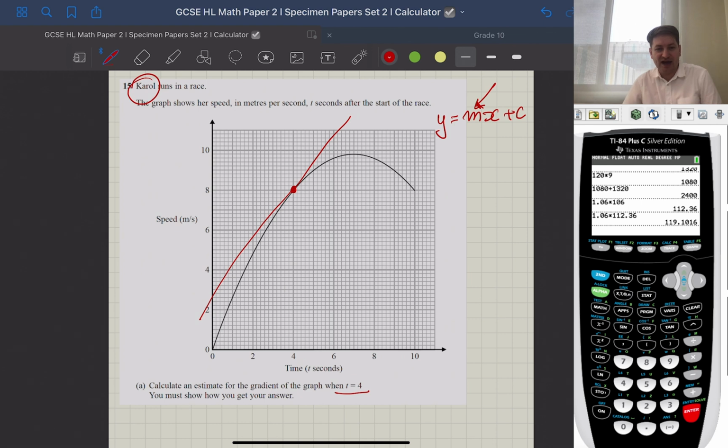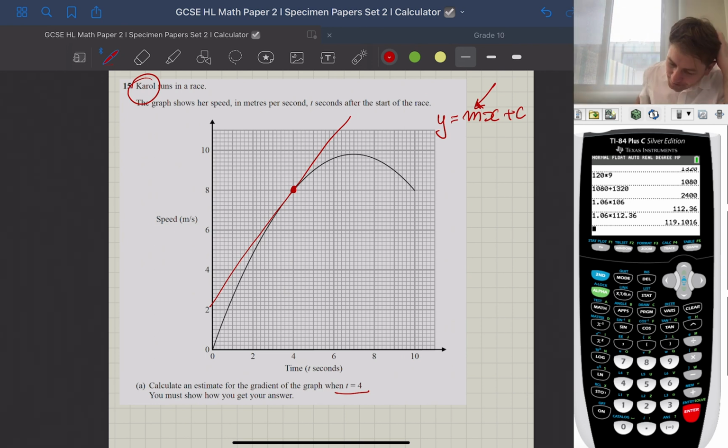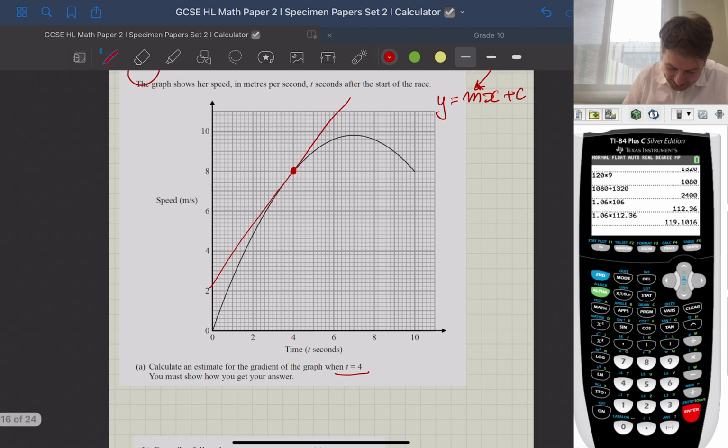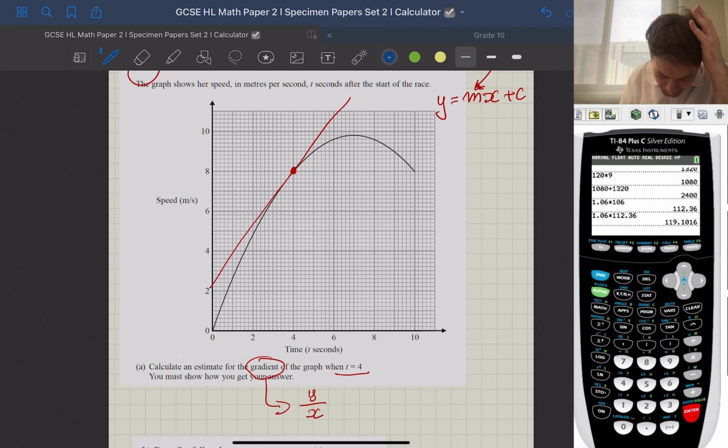Tangent line. I'm still not happy with that line. There we go, much better. And how do I estimate my gradient? Well, the gradient is the difference in y divided by the difference in x. But what do I mean by the difference? Now I need to find a nice triangle here.